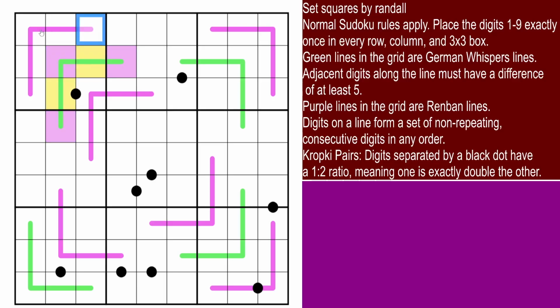Now coming to Renban lines. Renban has the property that they should be consecutive. So any 5 Renban line must have either 1, 2, 3, 4, 5, or maximum it could be 5, 6, 7, 8, 9. So any Renban which is 5 long must have 5 in it. So that's one thing that's definitely there.